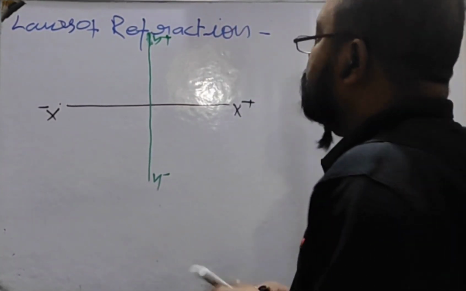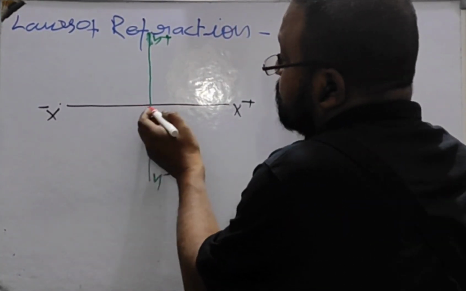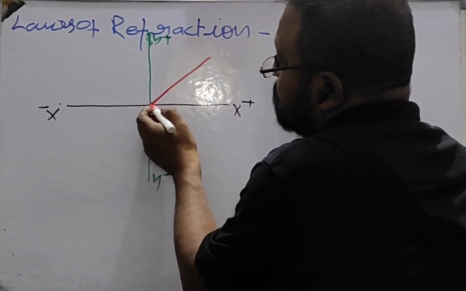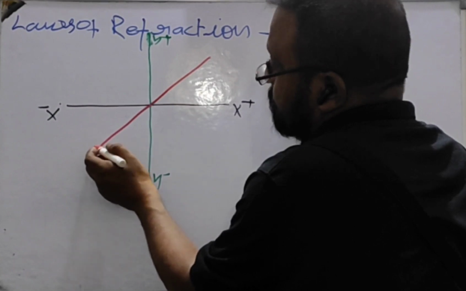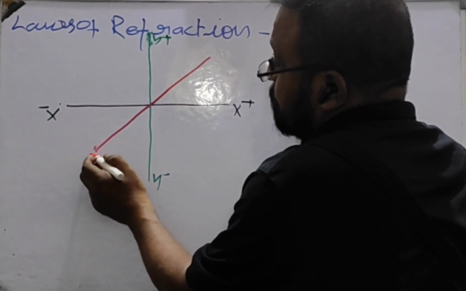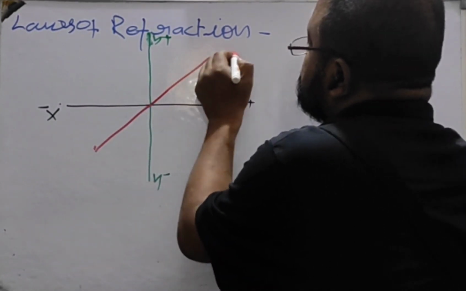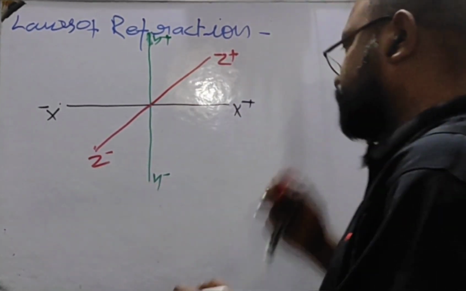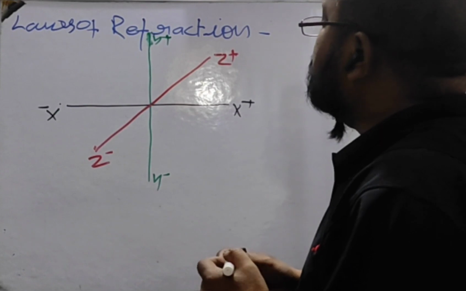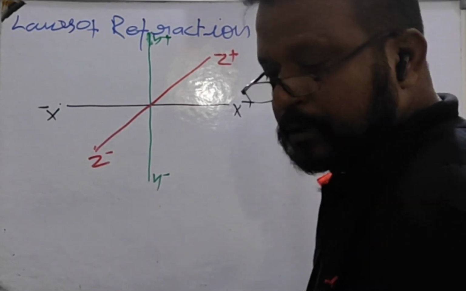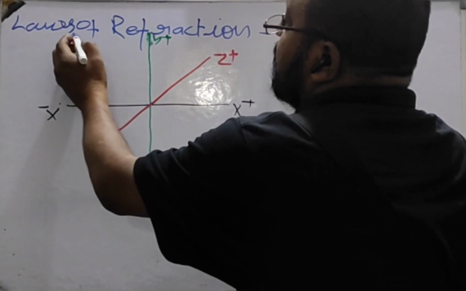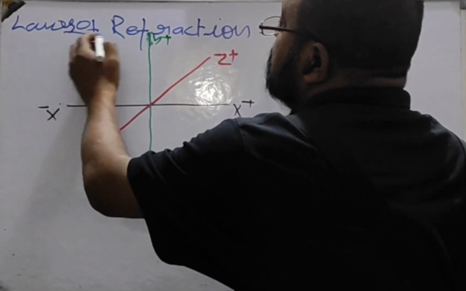And we have another axis called the z-axis. In a three-dimensional structure we have the z-axis, z plus and z minus, right? So if we talk about xy, this is the xy plane.